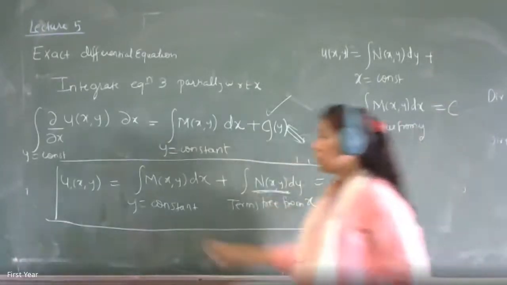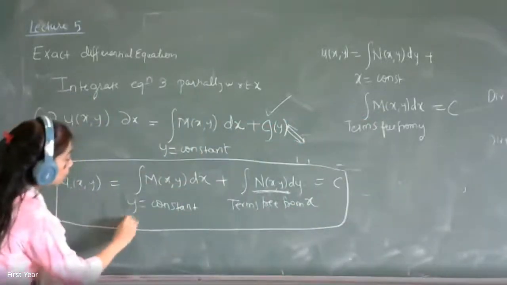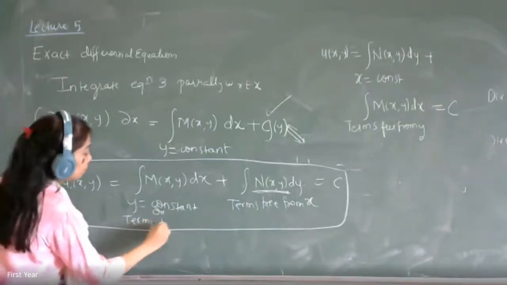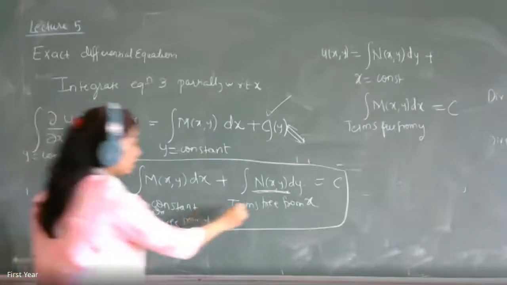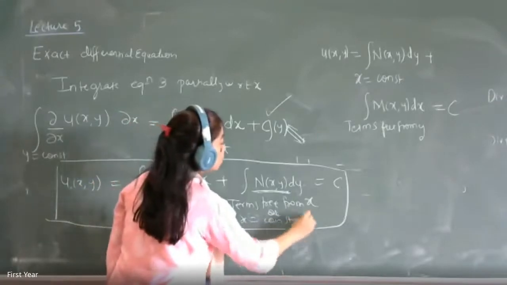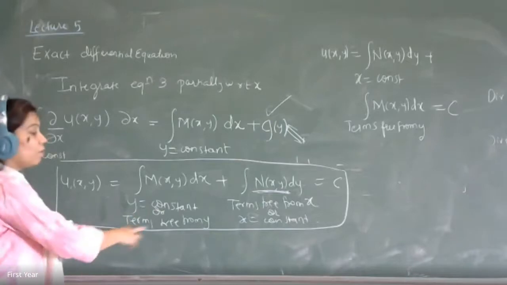So what are the combinations? Either y is constant or terms free from y, or x is constant. These are your two possible solutions. Is that okay? No other possibility, no other combination. If y is constant, then terms free from x will be there; if terms free from y are taken, then x is constant.